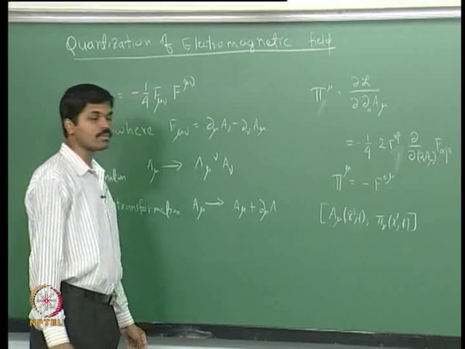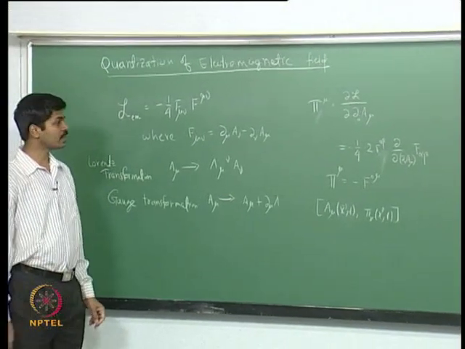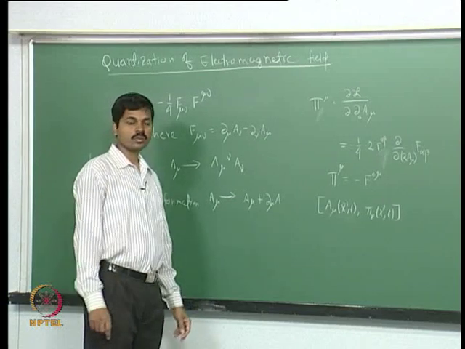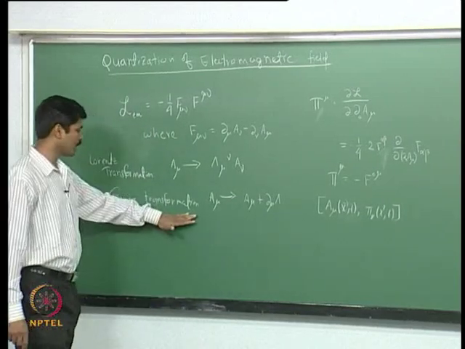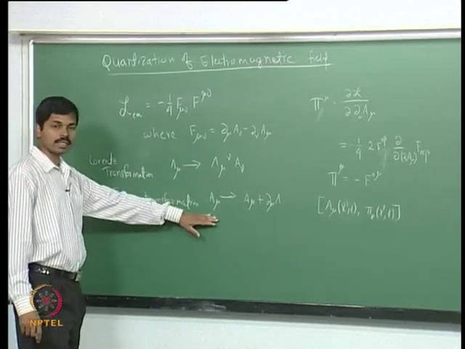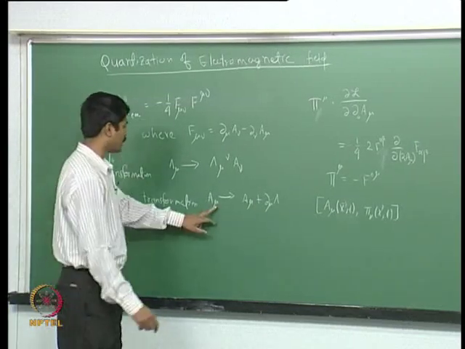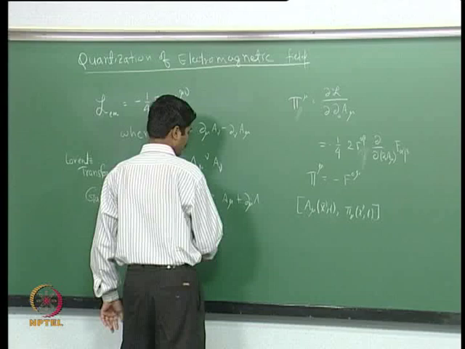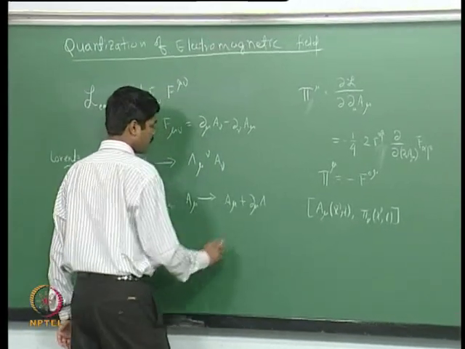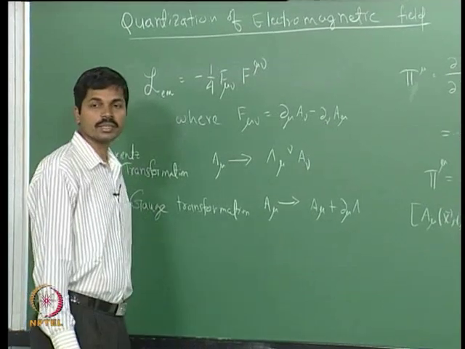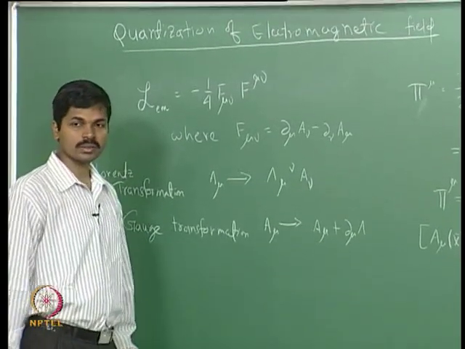So, how to deal with that? There are many ways you can handle this problem. One of them is by exploiting the gauge transformation here, because the theory is invariant under this gauge transformation. What you can do is you can fix a gauge and then you can quantize.